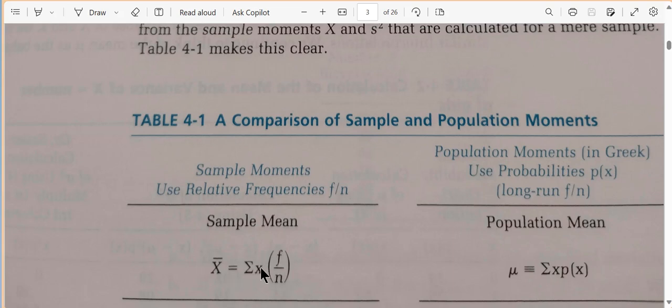We take each piece of data, how many times it occurred, divided by the total size of our data set. So this is the relative frequency of each value, and that's pretty obviously what we mean by the mean. The symbol for the mean of data is x bar, but when we're talking about the mean of a population or the mean of a random variable, we use mu instead of x bar.